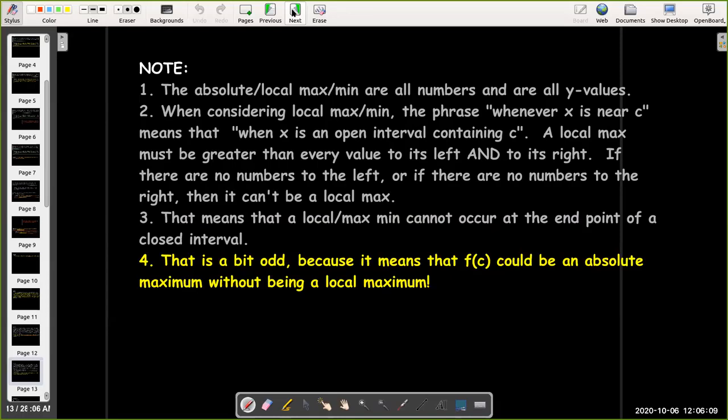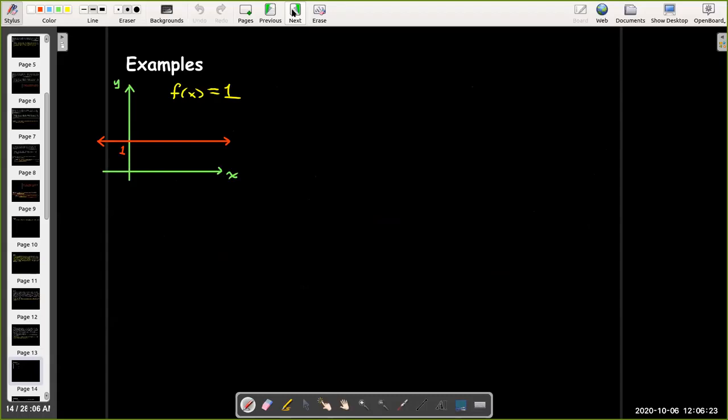So you might find yourself in a situation where a number, f of c, could be an absolute maximum without being a local maximum. That's a little counterintuitive, but that's what the definition tells us.